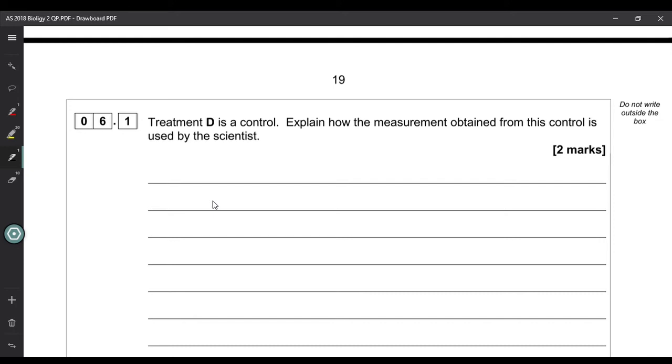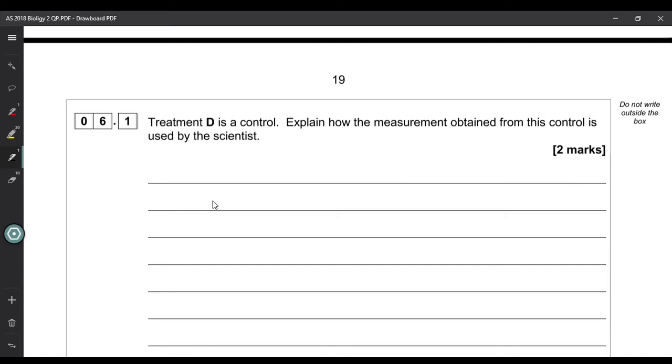Now what the scientist wants to do is know how effective substance X is, and also the things that may affect the effectiveness of substance X. So by using an untreated piece of stem, a stem that doesn't have any substance X on it, they can use a direct comparison to say whether substance X has had a positive effect, a negative effect, or no effect whatsoever on the growth compared to a root that has no substance X applied.